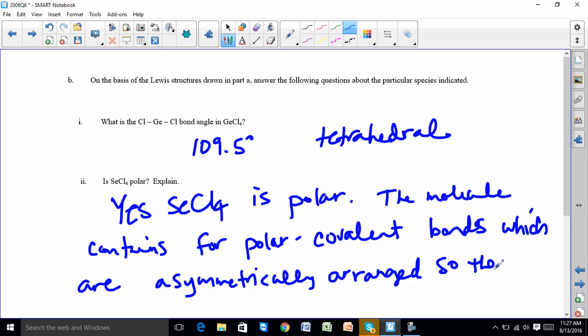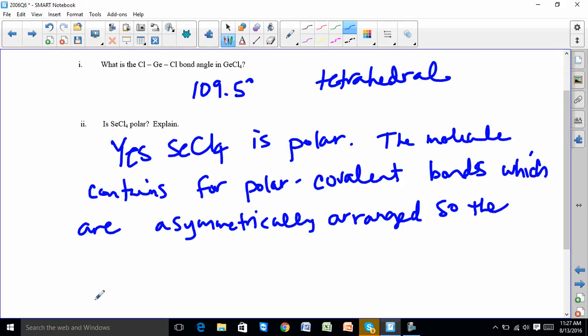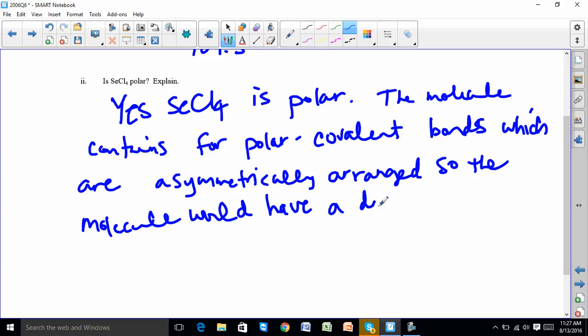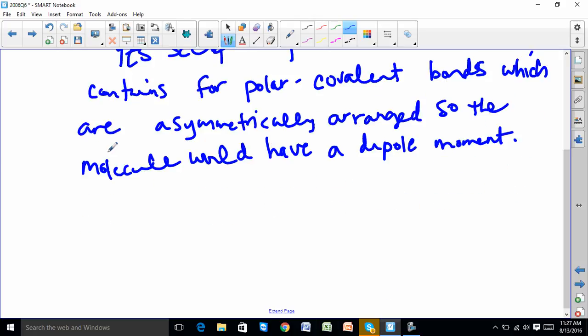So the molecule would have a dipole moment. All right, cool.